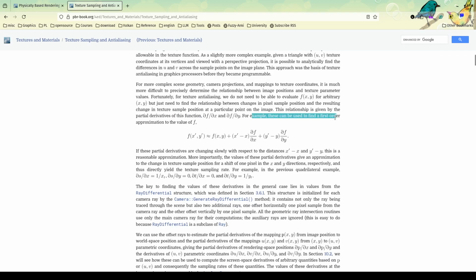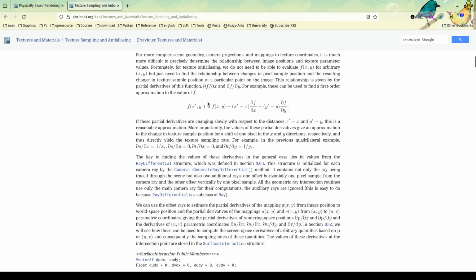And this can be used to find the first-order approximation to the value of f, if these partial derivatives change slowly with respect to the distance x' minus x and y' minus y.